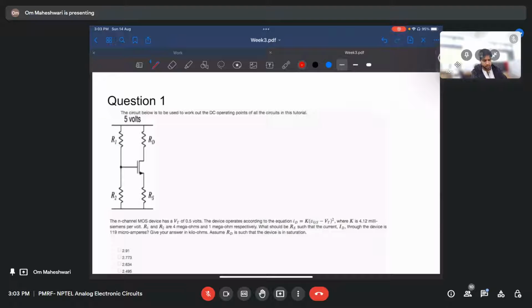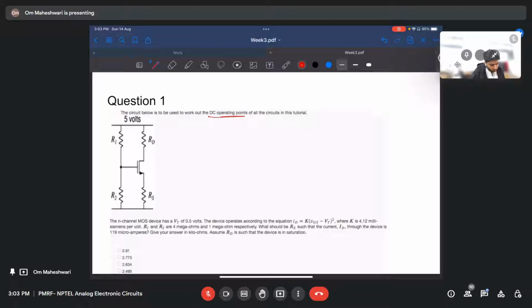Okay, so the first question is this. In this question, we have to find the DC operating points, and the similar DC operating point will be used throughout the assignment.